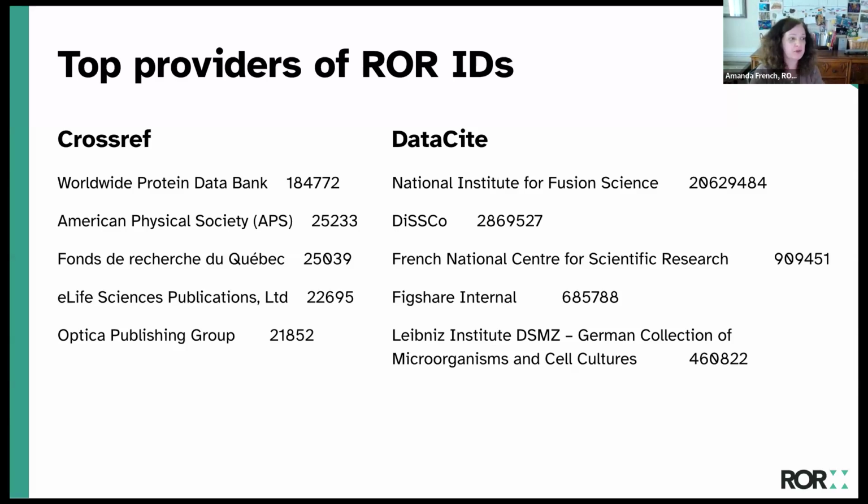DISCO, which is a natural sciences database, uses ROR IDs copiously. We've worked very closely with CNRS, the French National Center for Scientific Research. They use ROR IDs in DataCite. Figshare uses ROR IDs. This is their primary Figshare repository. And then the Leibniz Institute operates a database called StrainInfo that uses ROR IDs. And so we're happy to see that.